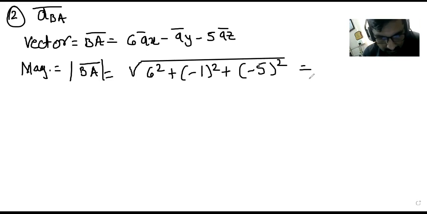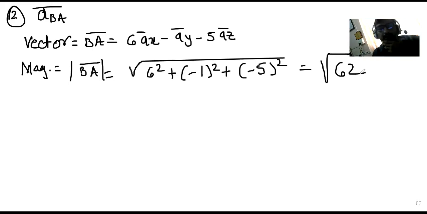So the answer of this is under root 62. So you got a vector and you got the magnitude also. So you are now able to write the expression for the unit vector.